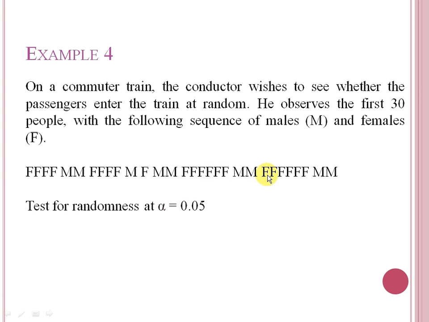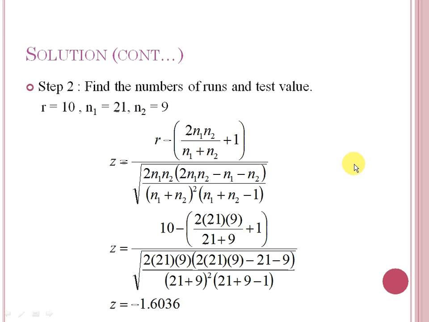N1 is 2, 4, 6, 8, 10, 12, 14, 16, 18, 20, 21, so 21. And the number of the other group is 2, 5, 7, 9, so it's 9.